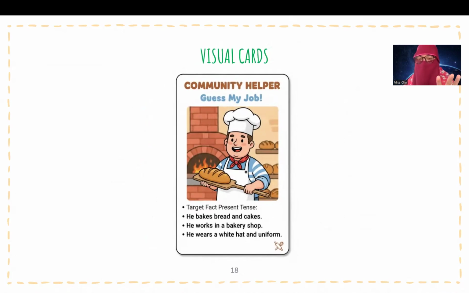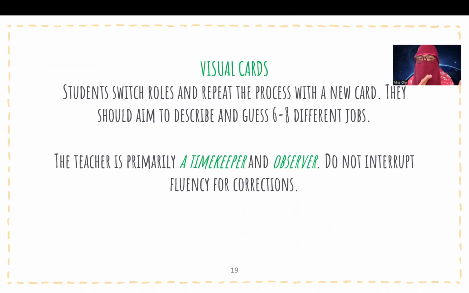The target present tense is: he bakes bread and cakes. He works in a bakery shop and he wears a white hat and uniform. Students switch roles and repeat the process with a new card. They should aim to describe and guess 6 to 8 different jobs. The teacher is primarily a timekeeper and an observer, so the teacher cannot interrupt the fluency for corrections.